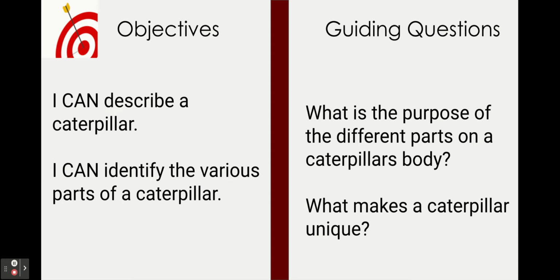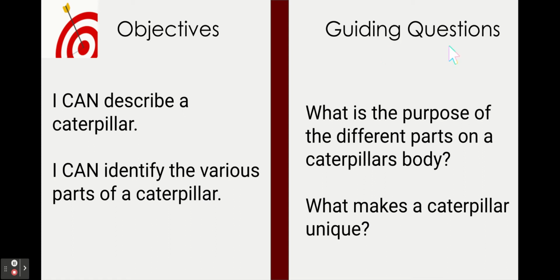I can identify the various parts of a caterpillar. So you can see, like I said earlier, we're going to be able to go through descriptions, unique characteristics, and all about caterpillars. We're also going to be able to go over each part of a caterpillar's body.